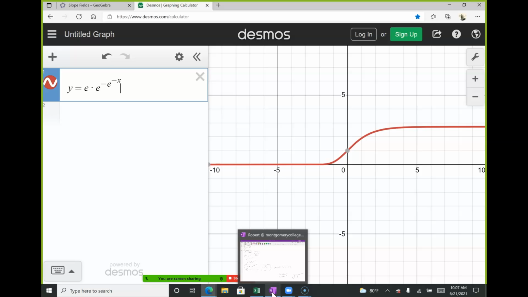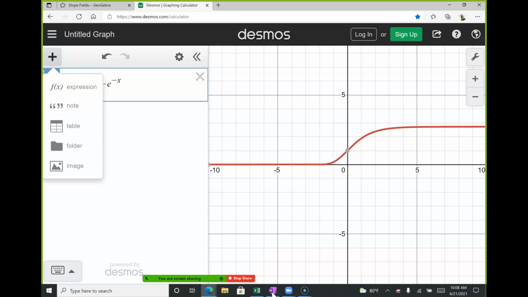So I like x squared over y. So y prime is x squared over y. This one will give us a much nicer solution.